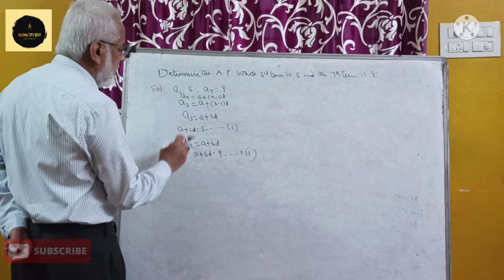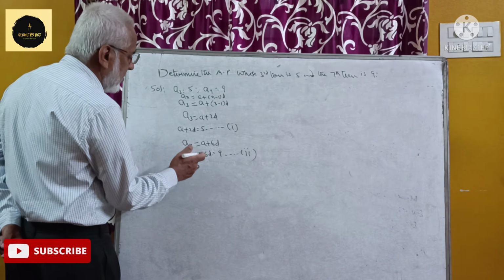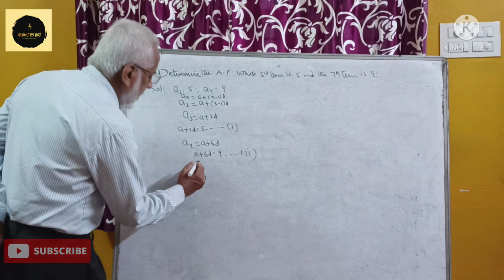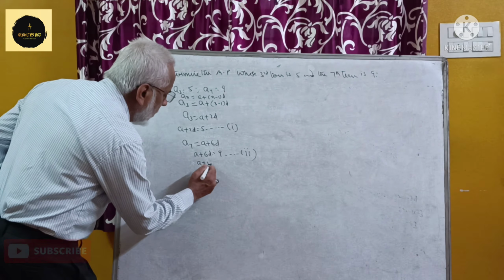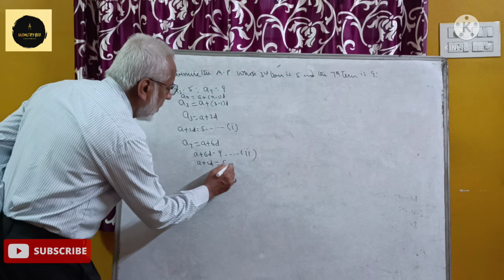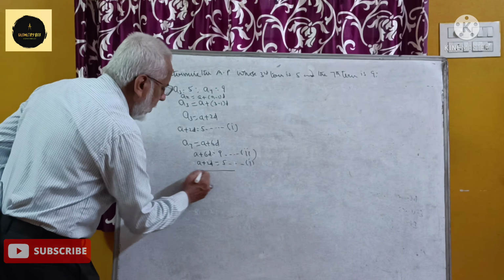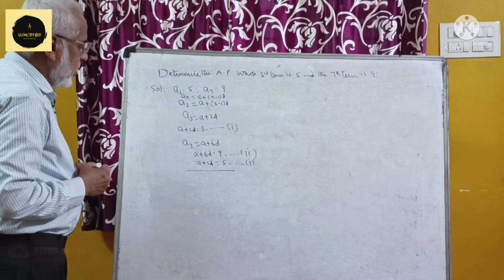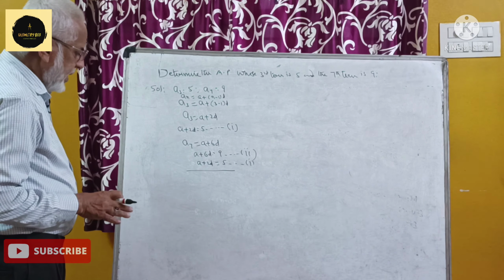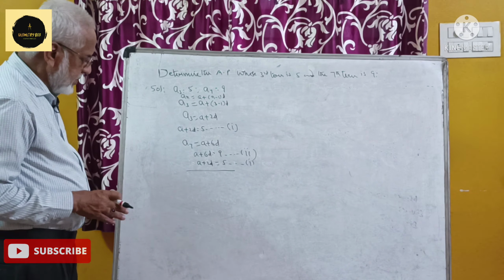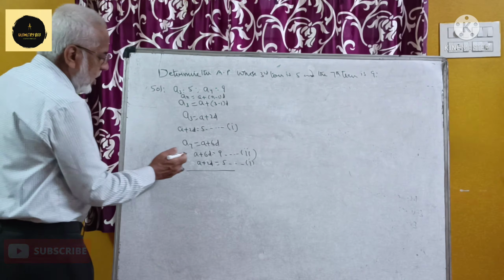Write down equation number 1 under equation number 2: a plus 2d is equal to 5. Now if we want to find a and d, we have to cancel a. Here both have the same sign, so we subtract.